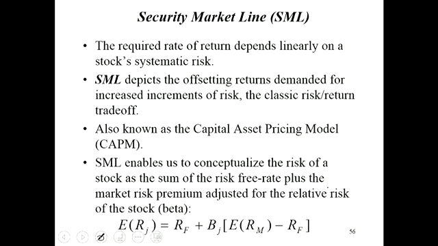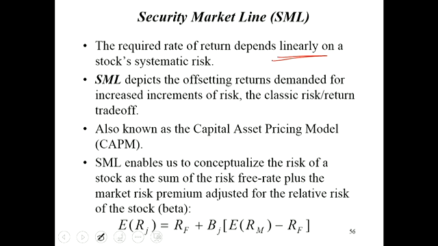Now the question is, how on earth are we going to turn this into an actual discount rate? The key assumption, and this is an assumption, is that the required rate of return depends linearly on the stock market systematic risk.